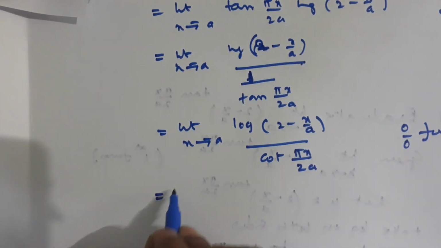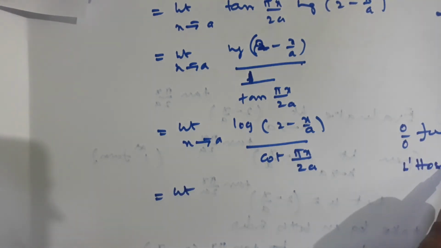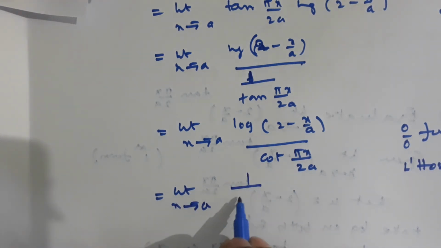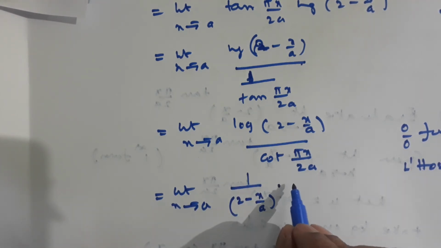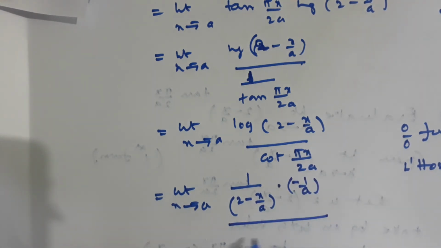Next, apply L'Hospital. Applying L'Hospital, limit x tends to a of 1 by (2 minus x by a) into, again x by a can differentiate, it is minus 1 by a, whole divided by cot differentiation, which is minus cosecant square pi x by 2a into, again pi x by 2a can differentiate, it is pi by 2a.